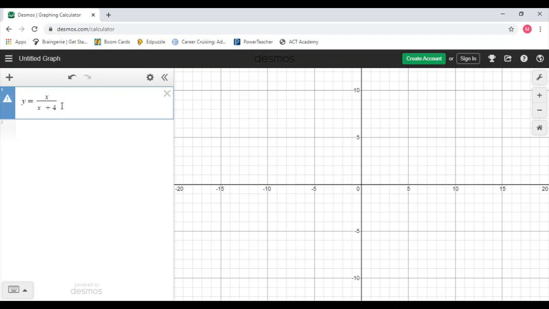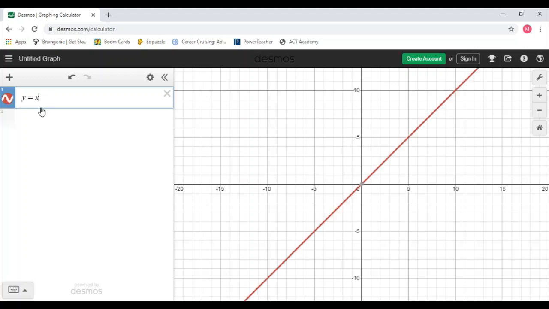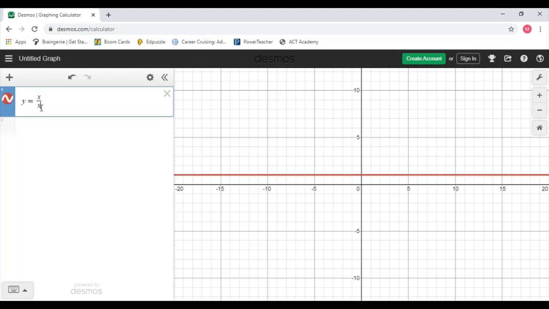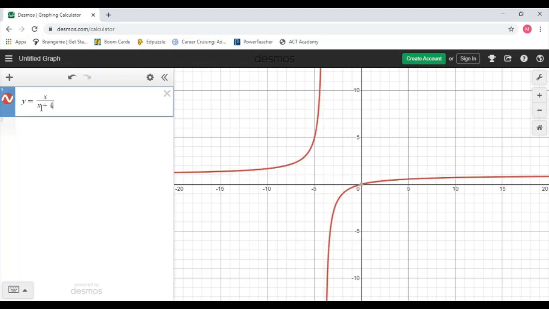I have too much or something. There we go. Sometimes it's better just to start over. There we go. As you can see, we do have an asymptote at negative 4. That's where our graph jumps. And we do have an origin for an intercept.